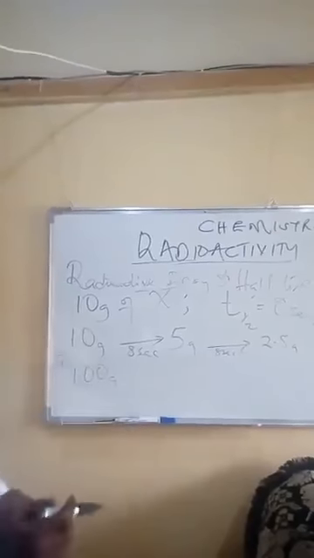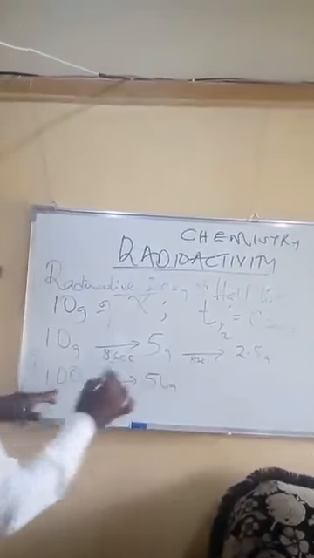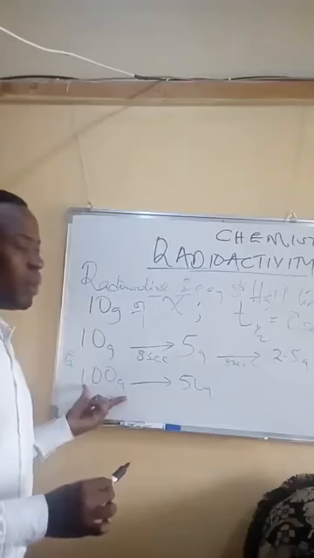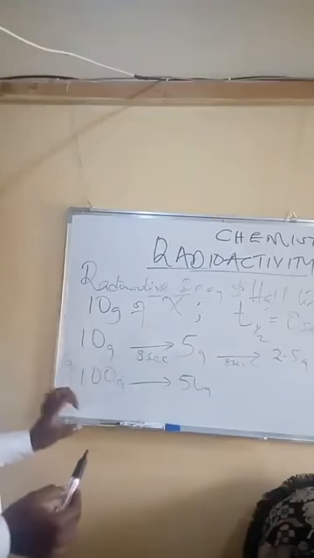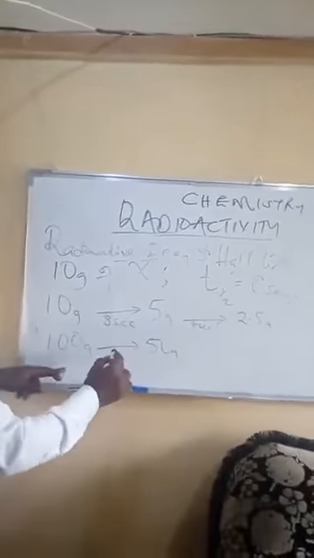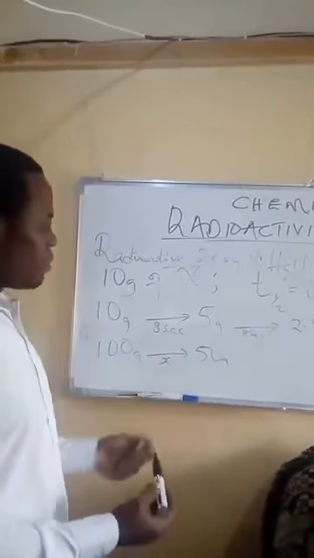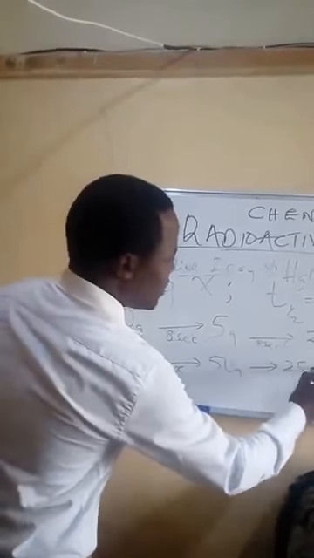After one half-life, this mass becomes 50, because after one half-life, whatever you had initially will go to half. So many nuclides of Q have decayed so that we only have 50, forming new substances. This is one half-life, and the half-life is X. After another X days, we have 25 grams.